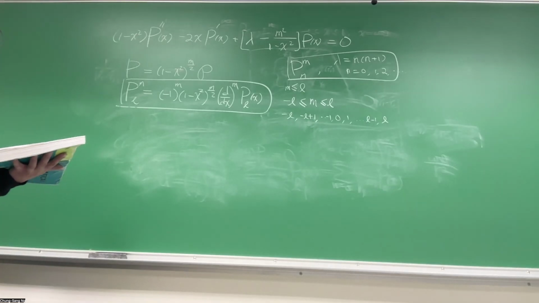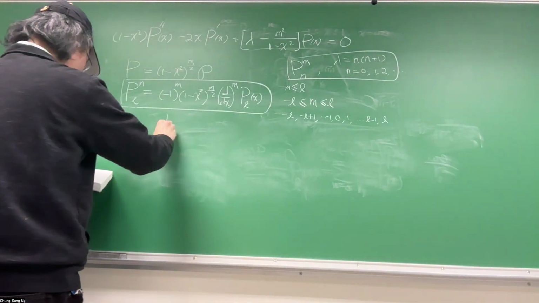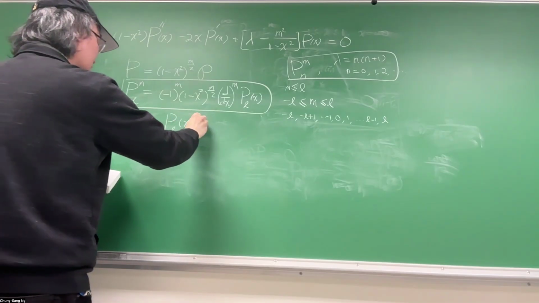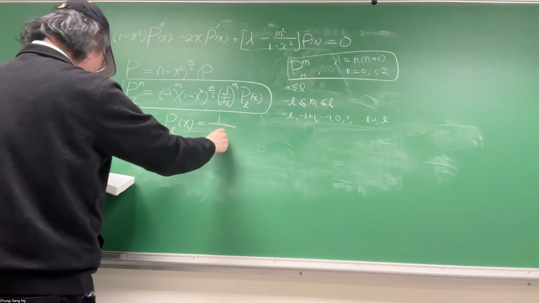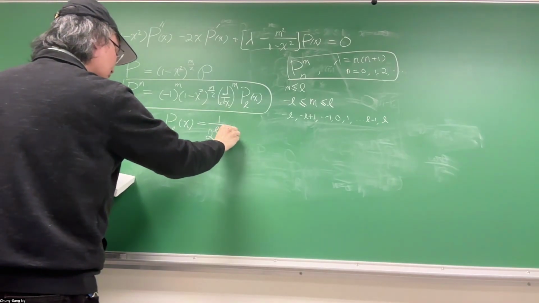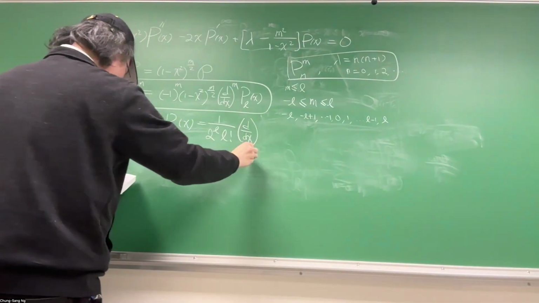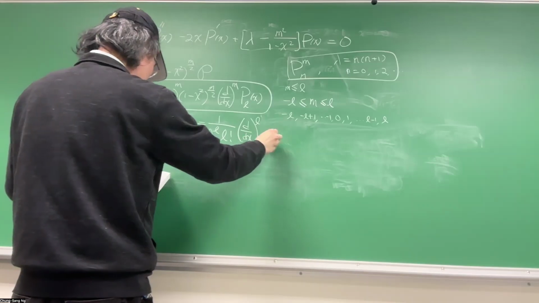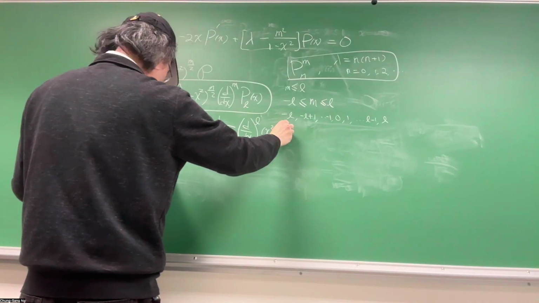So P, going back to equation 15.30, the P sub L. Now going back to the L, using L as your variable, 1 over 2 to the power L, L factorial, dx to the L derivative, and then x squared minus 1 to the L power.